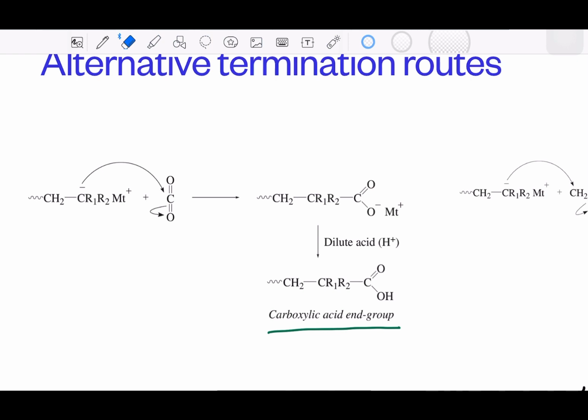So the active center goes here, breaks the bond, and the metal will go around here, and then finally it will make this carboxylic acid. So we can dilute with the acid, because the acid can also donate the H plus.